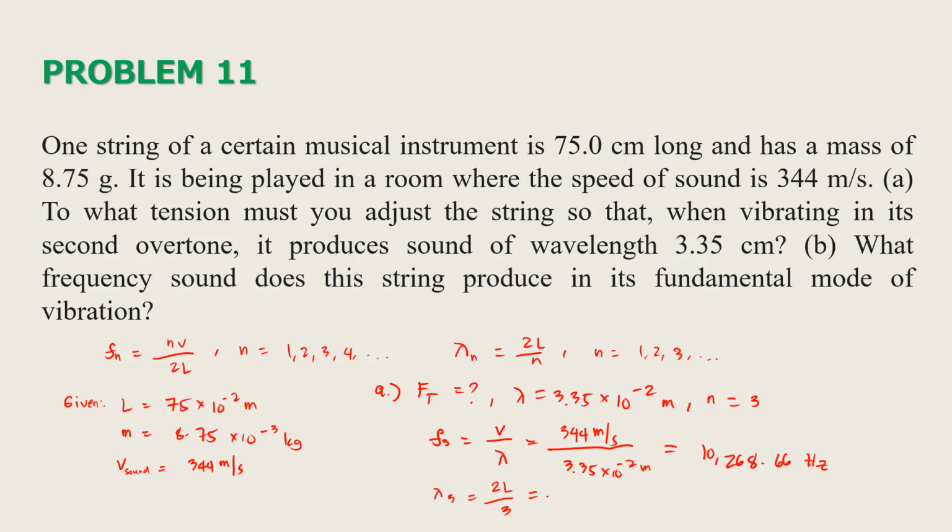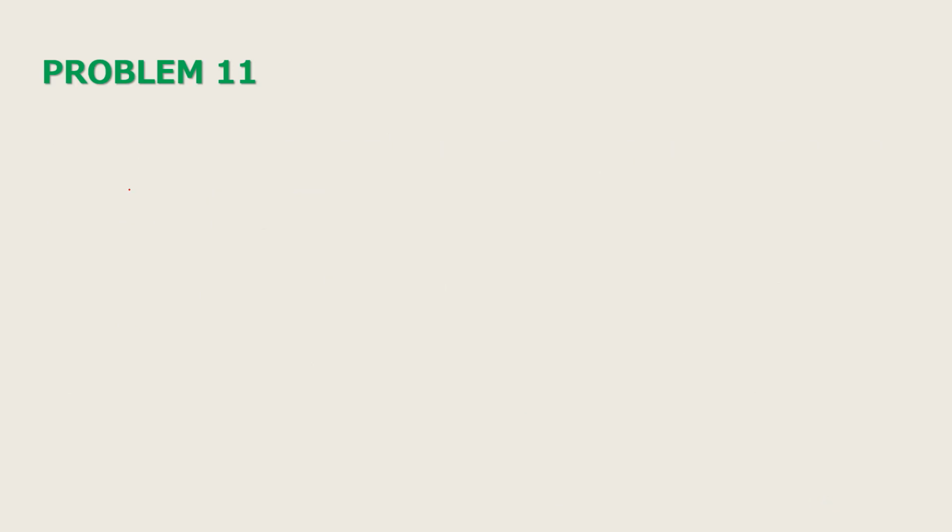So we have 2 times the length, which is 75 times 10 to the minus 2 meter, divided by 3. So this is equal to 0.5 meter.